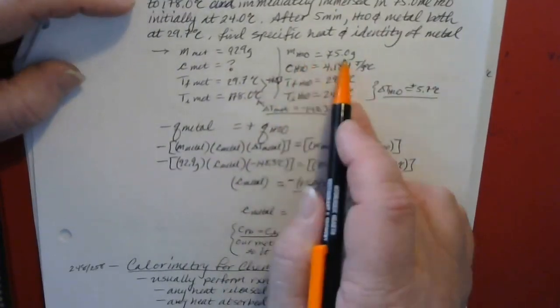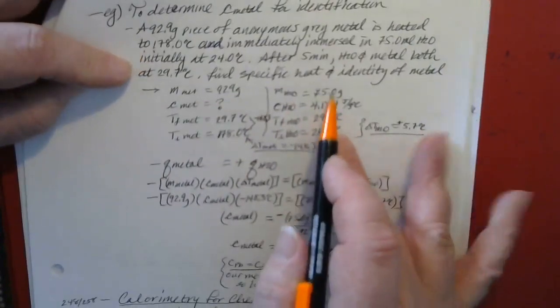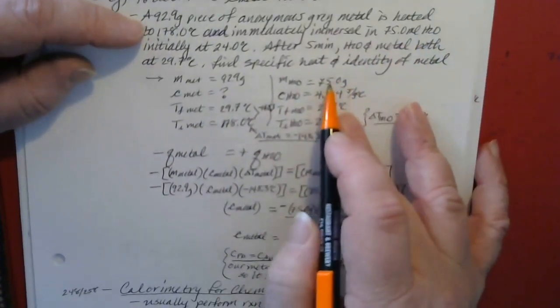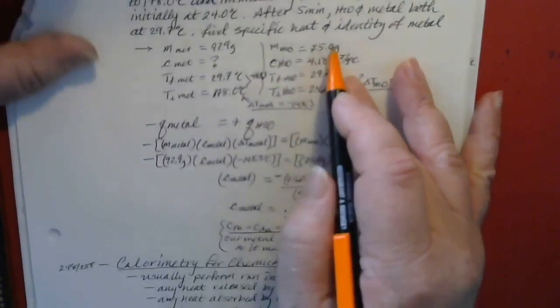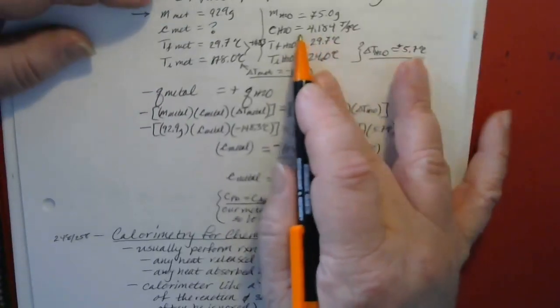For the water, the mass is 75 grams because they said 75 milliliters, and 1 gram per milliliter means that 75 milliliters is 75 grams. Remember, that only works for water, though. For anything else, you'll have to look up the density and do the calculation.